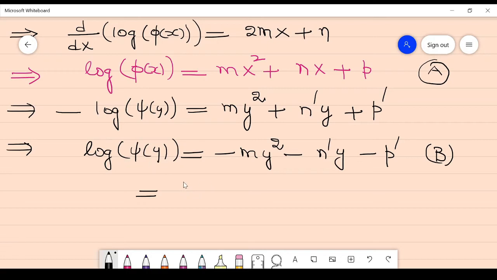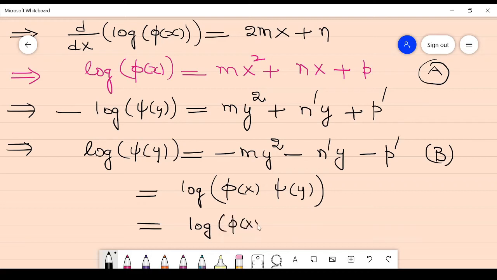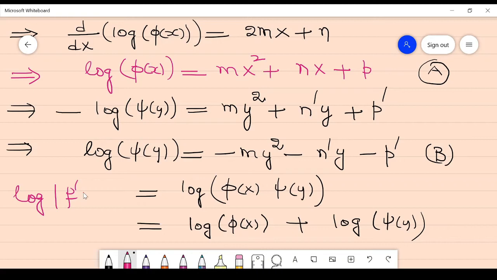So this will be log of φ(x) into ψ(y), which is log of φ(x) plus log of ψ(y), and this will basically be log of |f'(z)|, right?